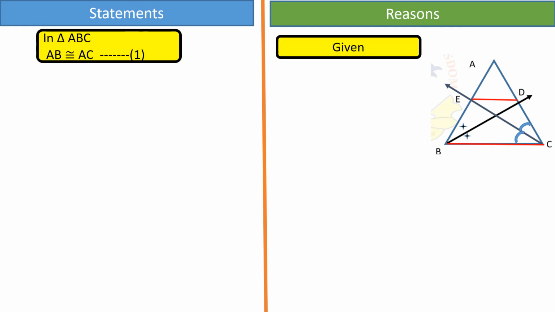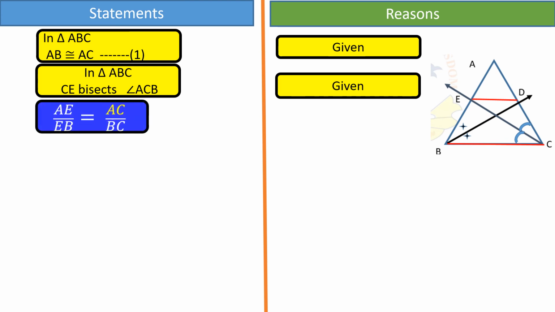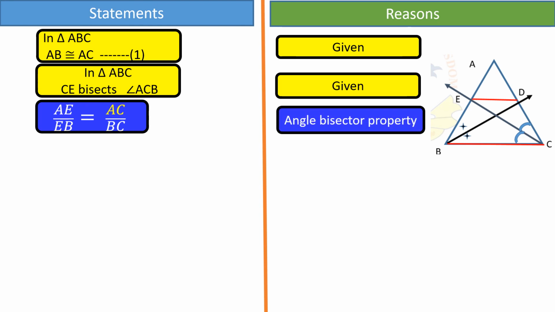Now in triangle ABC it is also given that CE bisects angle ACB. So in triangle ACB, if CE bisects angle ACB, that is given, therefore AE upon EB will be equal to AC upon BC. The reason for this will be the angle bisector property.